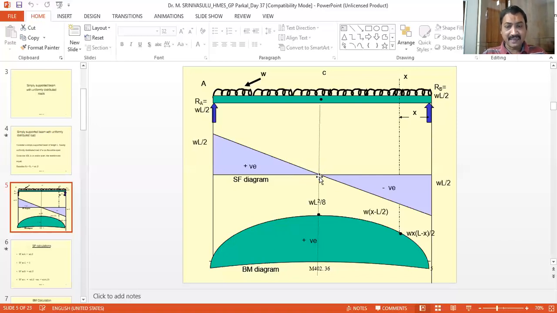So this point is called the point of contraflexure, and generally at that point the bending moment will be maximum. This is one of the important notes: wherever the shear force changes sign or is equal to 0, at that point the bending moment will be maximum.